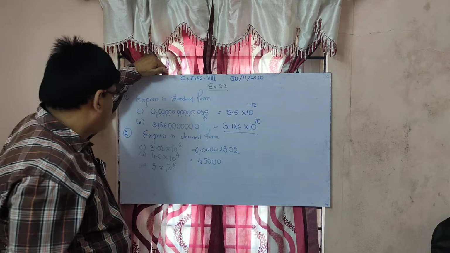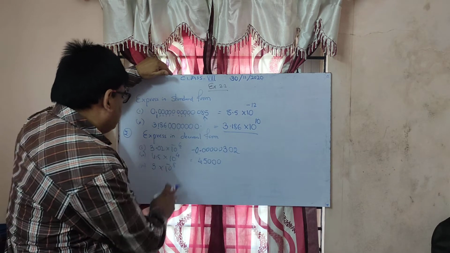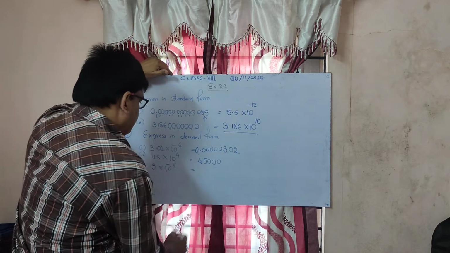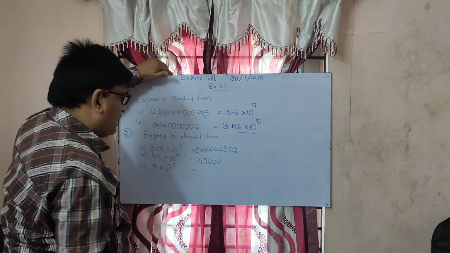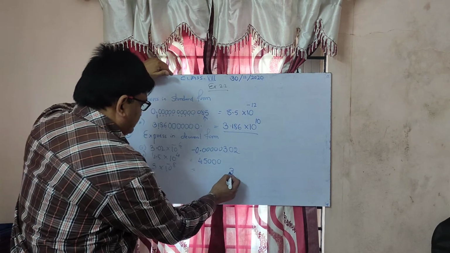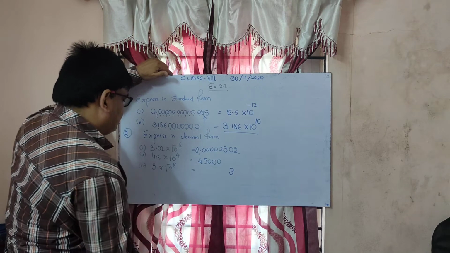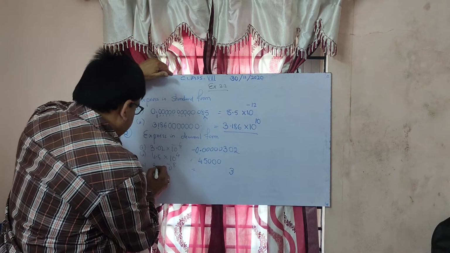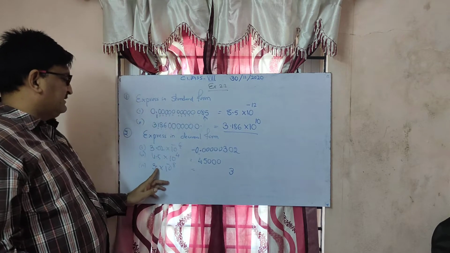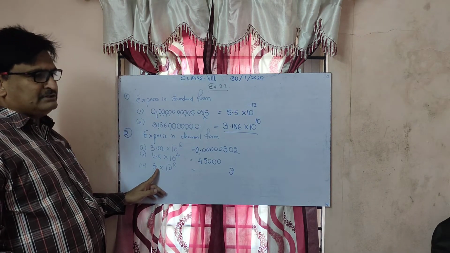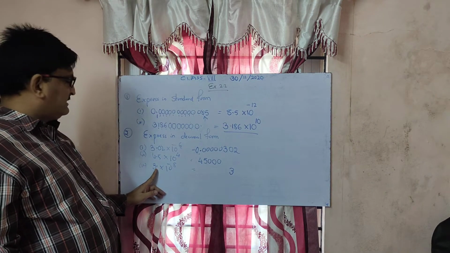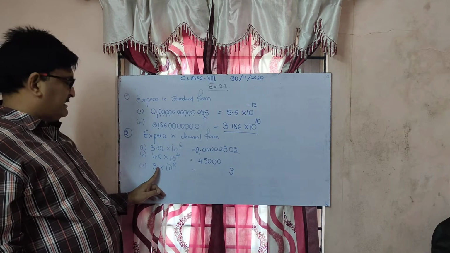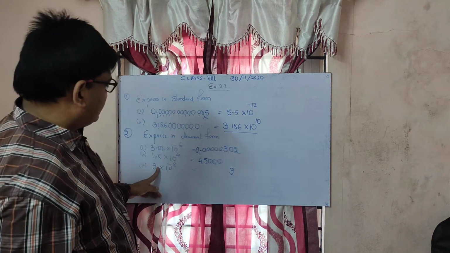The next number is 3 into 10 to the power minus 8. Write 3 here first. I told you, if the point is not there, assume the point is after the last number. Now the point is here after 3.